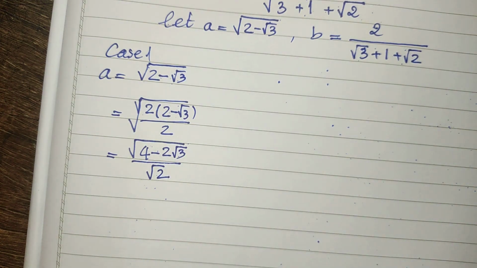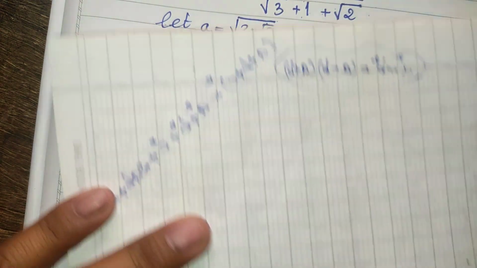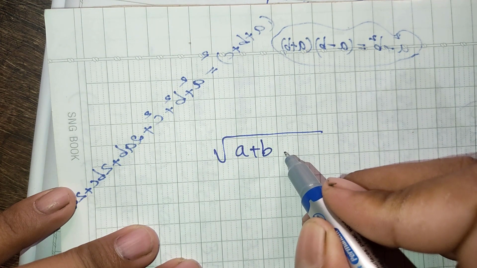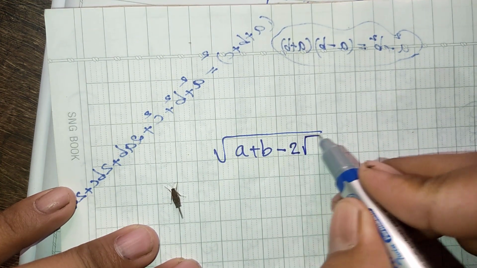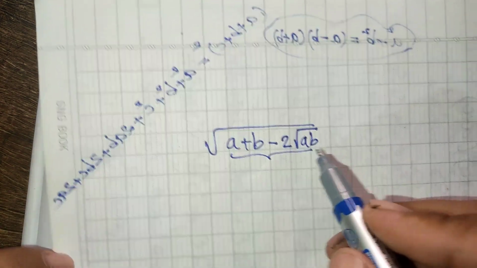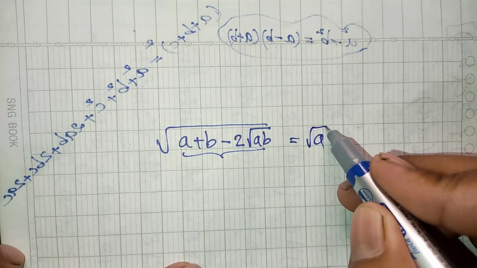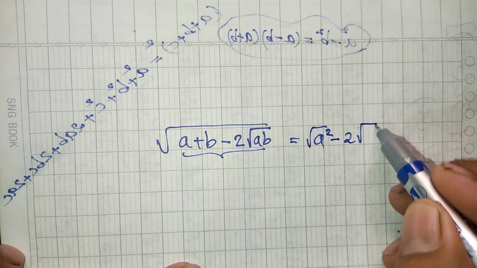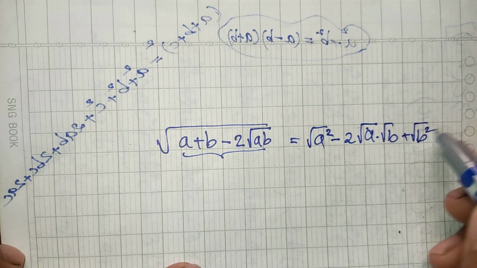Now we can use the formula we know: the square root of a plus b minus 2 square root of ab. We can write it as the square root of a squared minus 2 times square root a times square root b plus square root b squared.